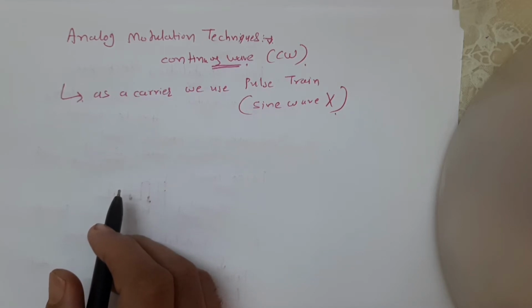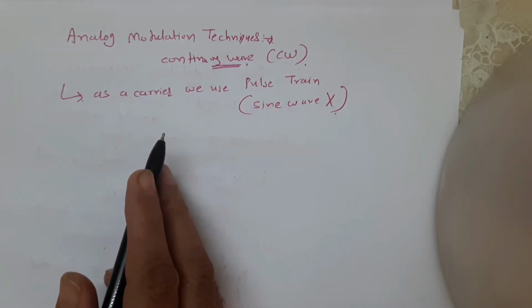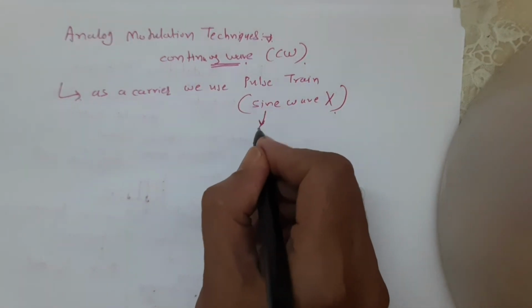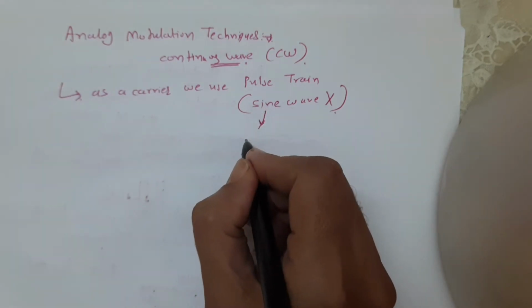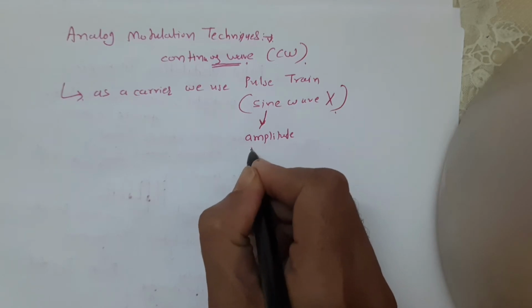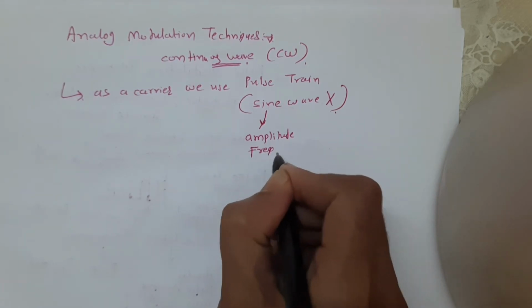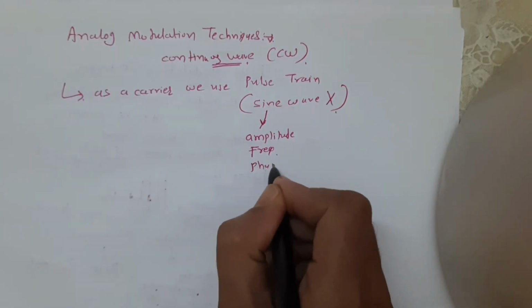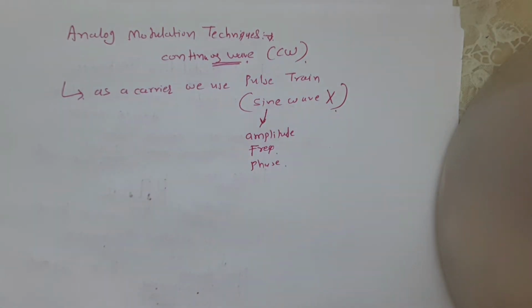On similar lines to the sine wave being characterized in terms of its parameters, the sine wave is characterized in terms of amplitude, frequency and phase, right?